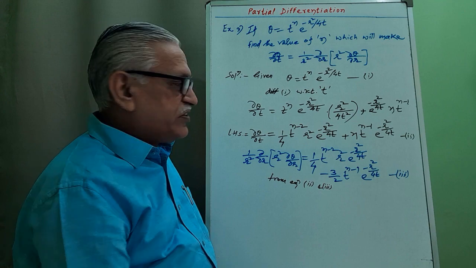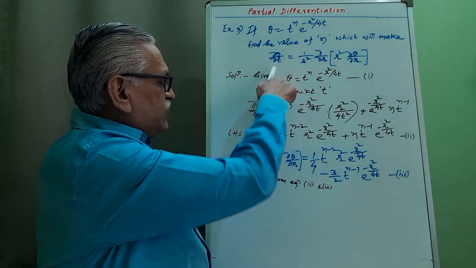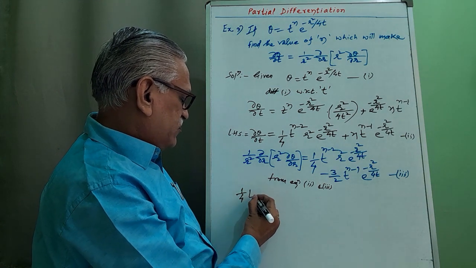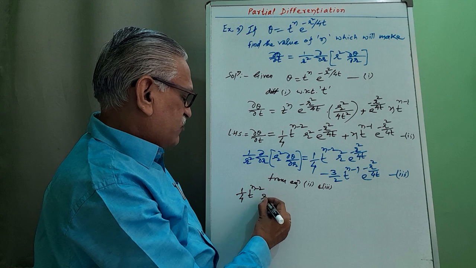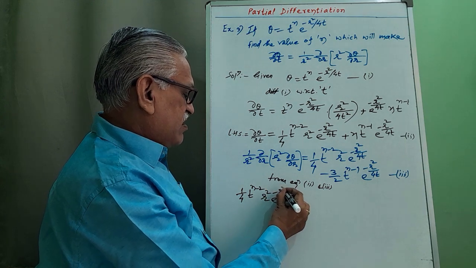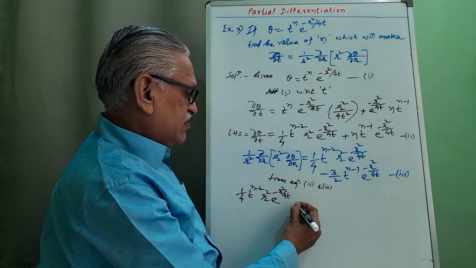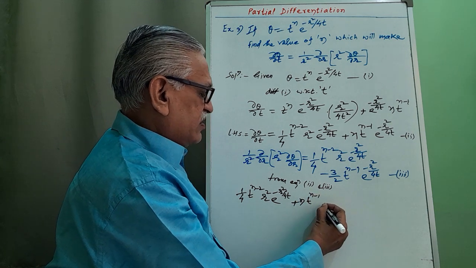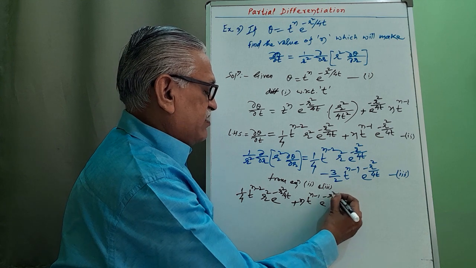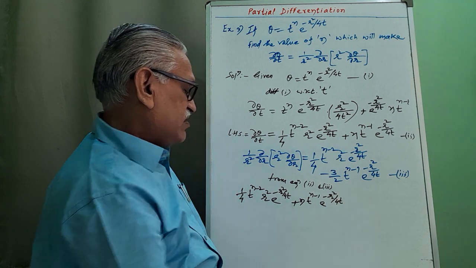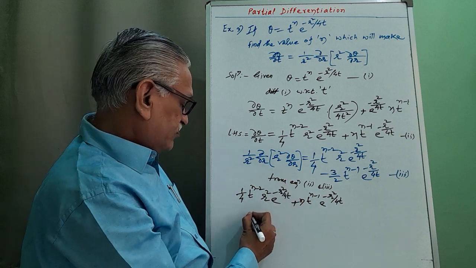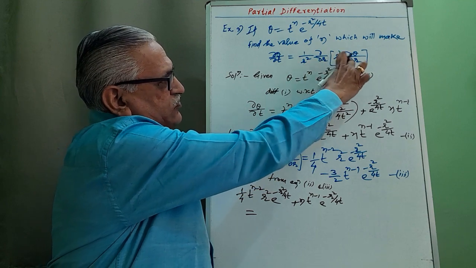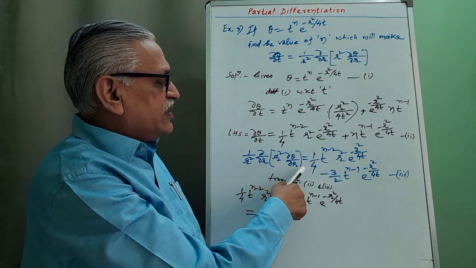Equating equation 2 with equation 3, dou theta by dou t is 1 by 4 t raised to n minus 2 r square e raised to minus r square by 4t plus n times t raised to n minus 1 e raised to minus r square by 4t, and that is equals to this value 1 by r square dou by dou r of r square dou theta by dou r, nothing but equation 3.